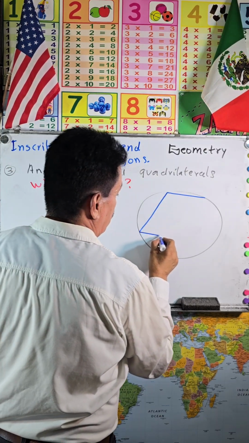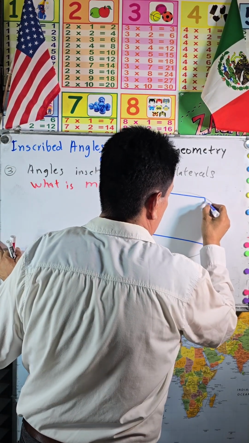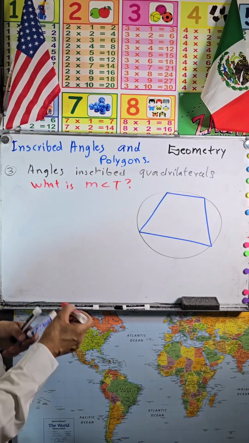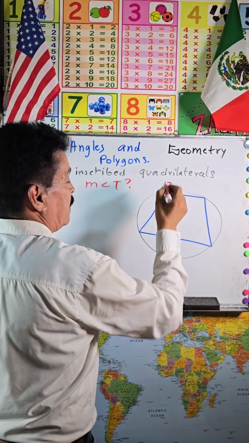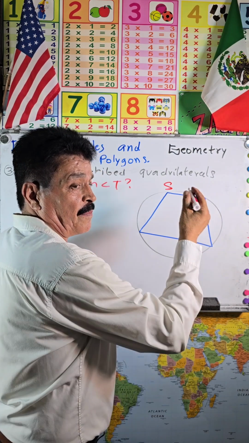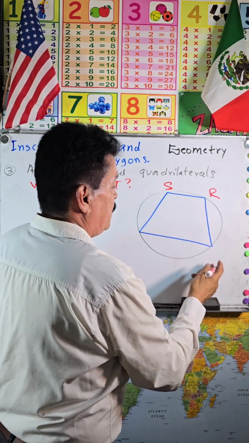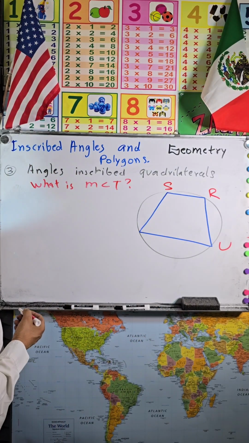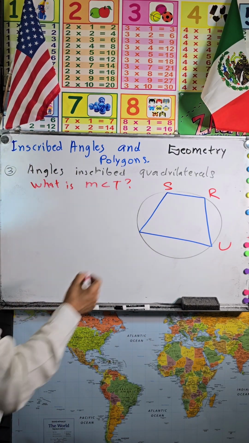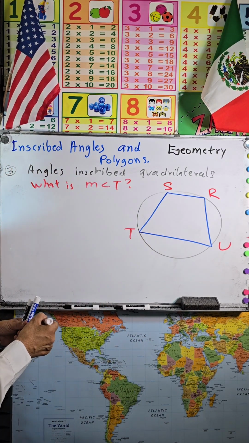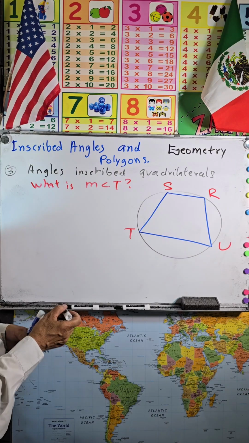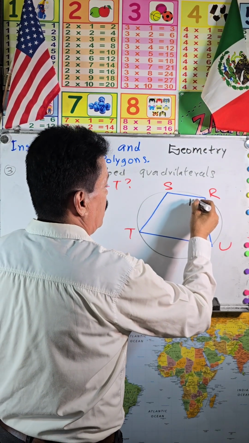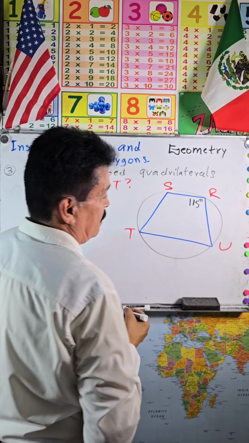Let's write R, and then this side U, and then T. Give me some values here: 115 degrees, this angle.